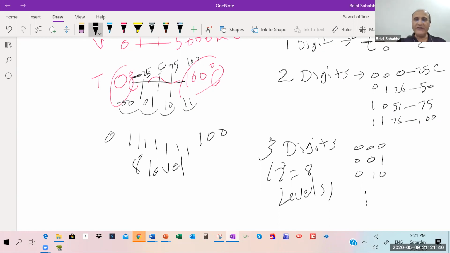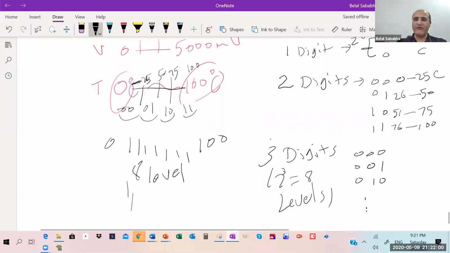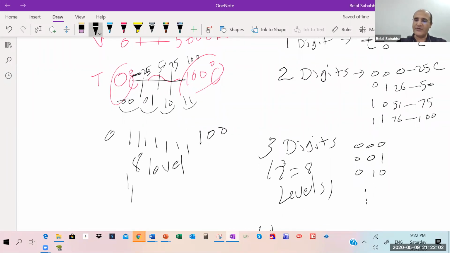But if I have 8 levels, then we reduced the error to a half, right? We doubled the resolution. Okay, if I have 4 bits, then I have 16 levels. I double the resolution more, right? So being able to convert a voltage and represent it in more digits gives you more accuracy.